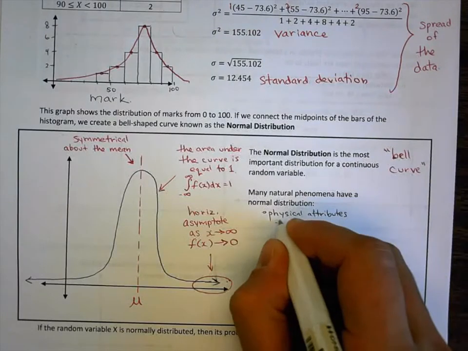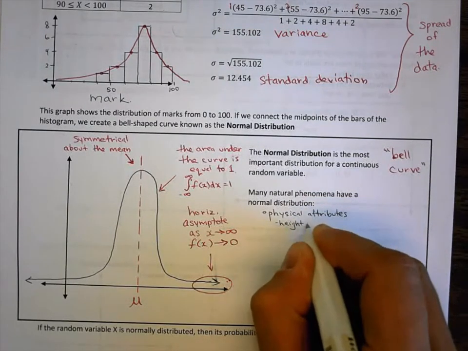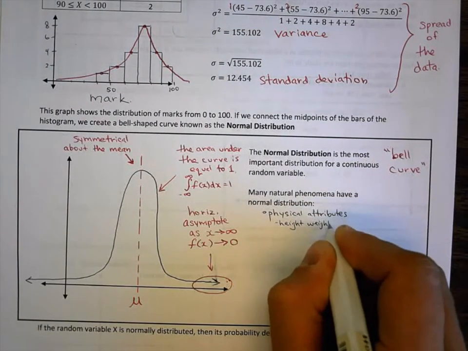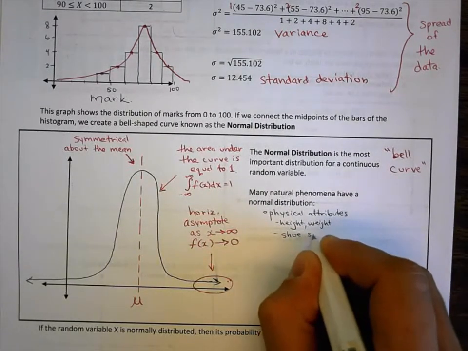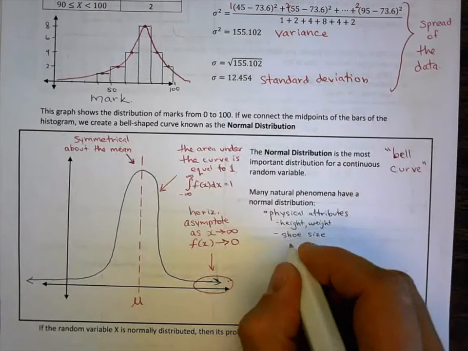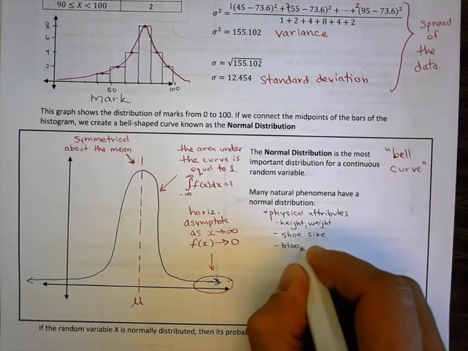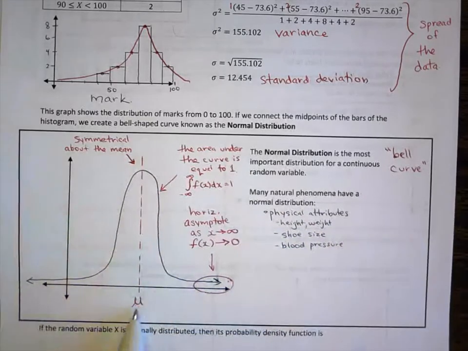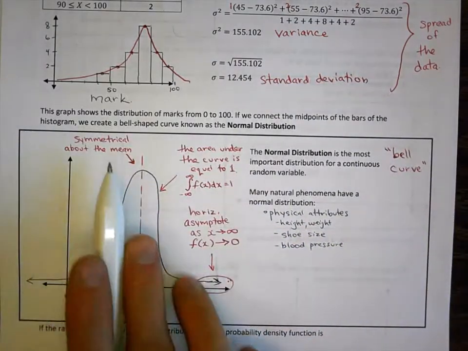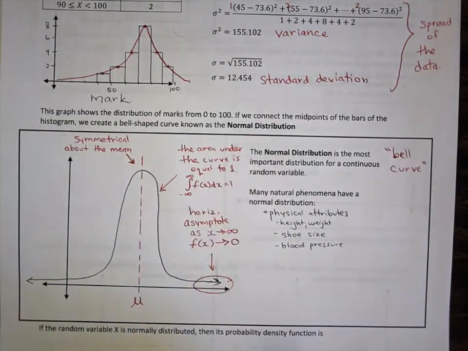So that would be height, weight, shoe size, arm span, blood pressure. If I were to measure everyone's blood pressure in this class, most of us would be around an average, and then we would drop off. Some would have higher, some would have lower.